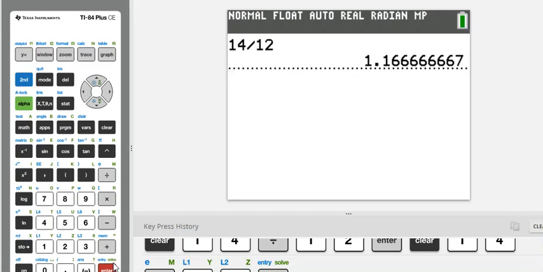What you should notice is that this decimal is long. It doesn't cut off. It actually repeats forever. The six repeats forever. So you may be tempted to enter my time value as 1.17. You cannot do that. Here's why, and you're going to hear me talk about this again and again.